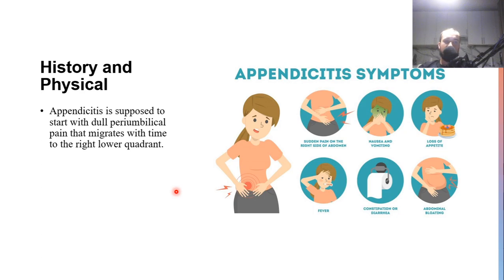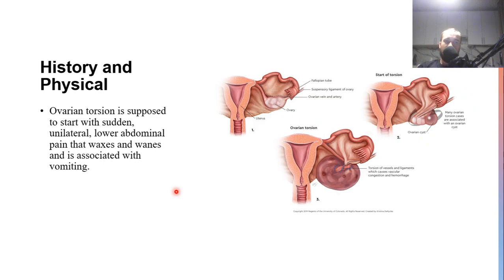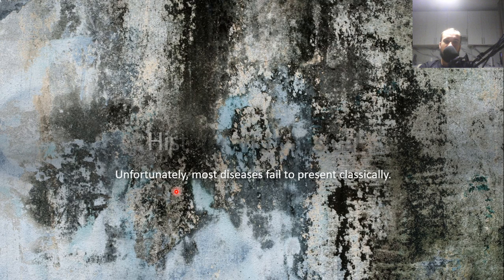Appendicitis is supposed to start with dull periumbilical pain that migrates with time to the right lower quadrant. Ovarian torsion is supposed to start with sudden unilateral lower abdominal pain that waxes and wanes and is associated with vomiting.